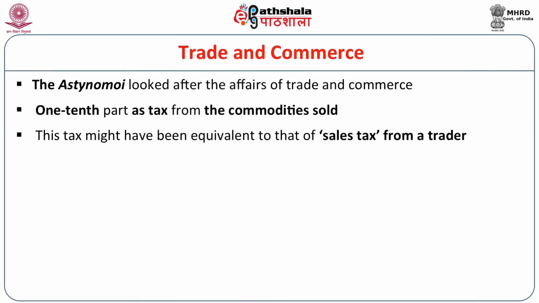This tax might have been equivalent to the sales tax from a trader, as we give today also. Sales tax on every commodity is charged as government share. In the past also, particularly during the Mauryan period, this type of sales tax was there.